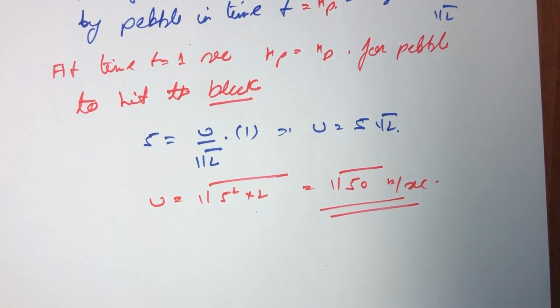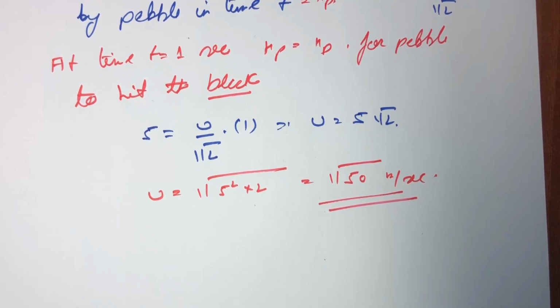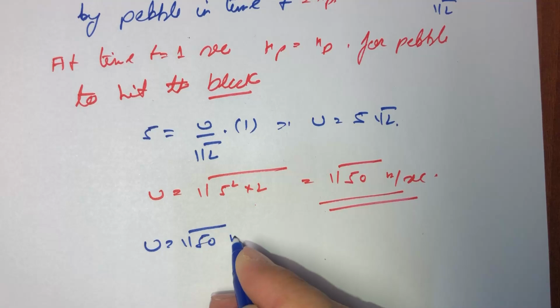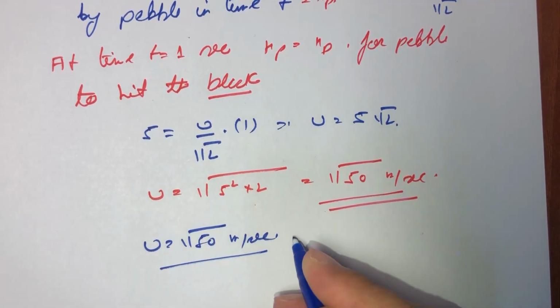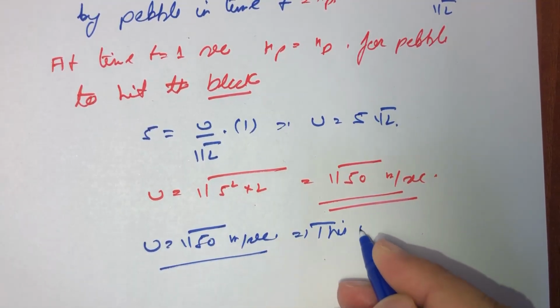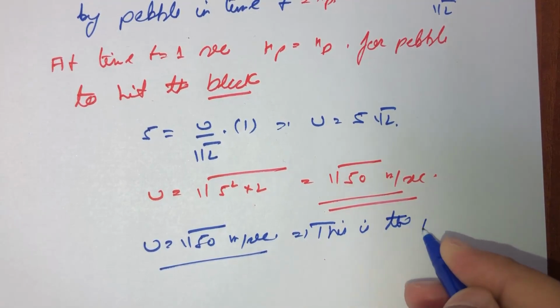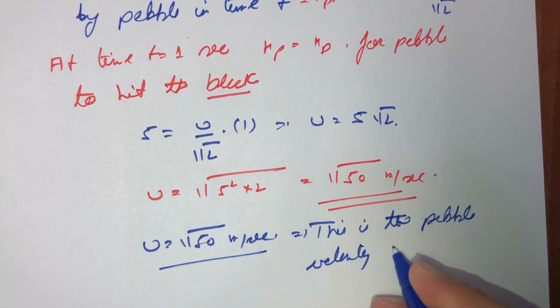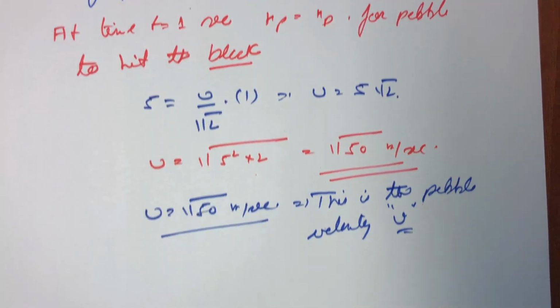So this is the value of the pebble velocity v.